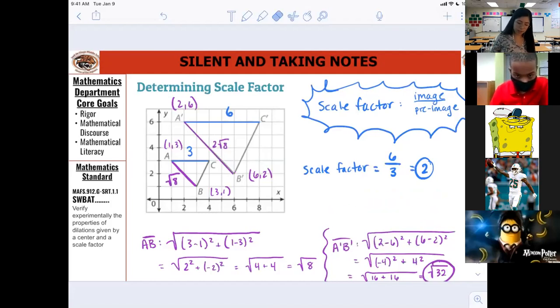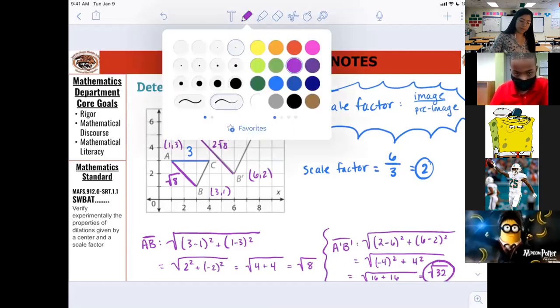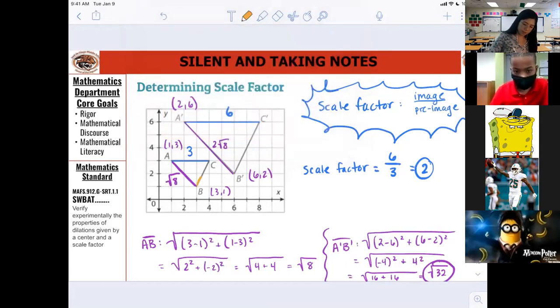So now let's find the last one, CB or BC. Go ahead and on your own use the distance formula to figure out the distance of CB. And then once you've got the distance of CB, figure out the distance of C prime B prime. I'll give you guys a couple of minutes to work on that.